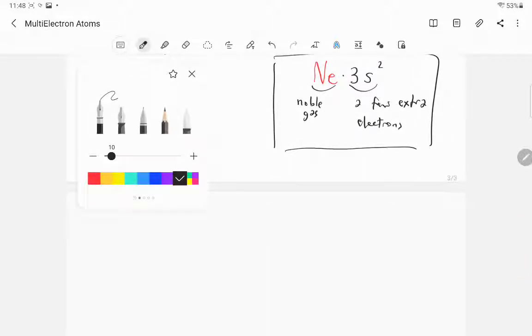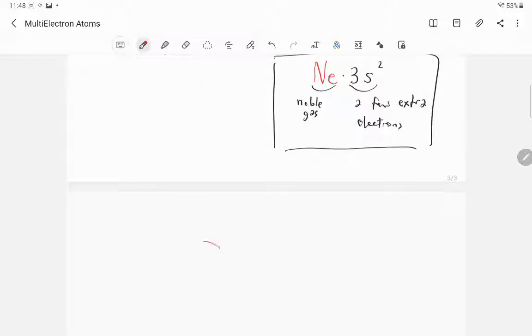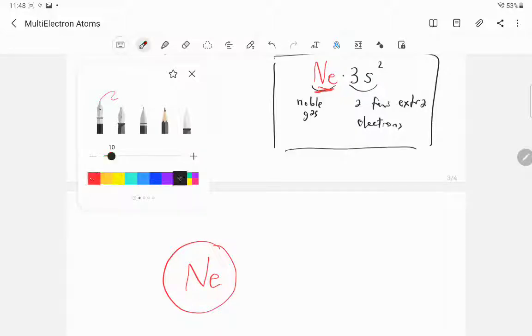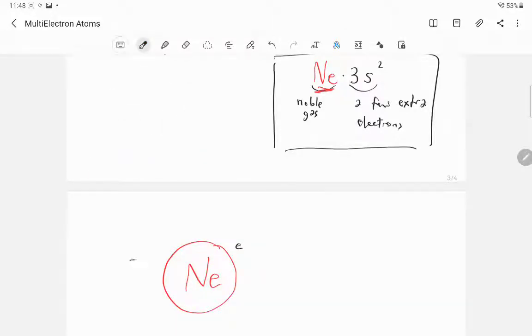So what we imagine is we have neon, and then we add 2 little electrons.